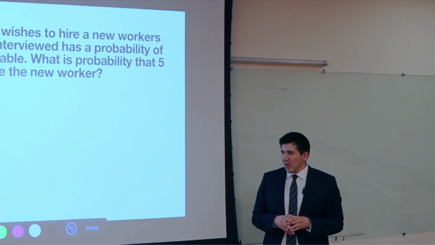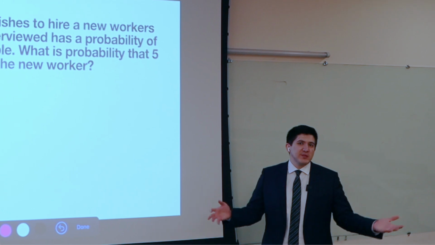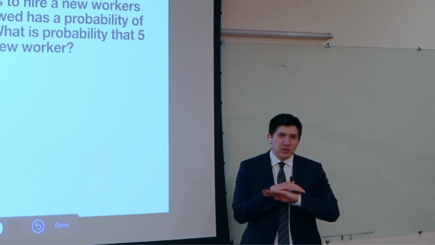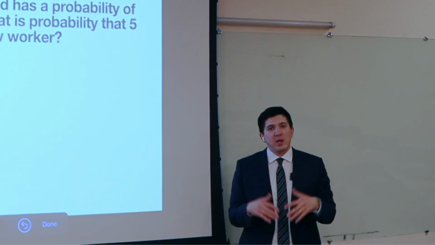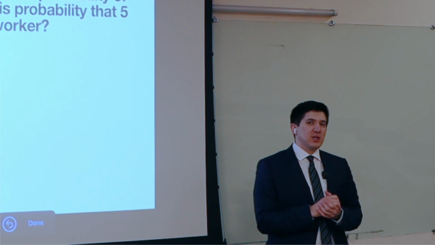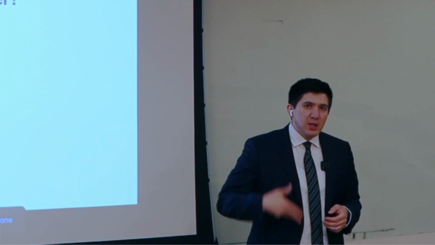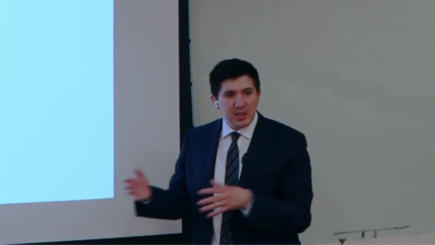And let's assume that the head of the company doesn't have a lot of time. Then if the interview was successful, then we're going to stop all of this process. We're going to hire this person and all of the others can go home. Okay? And we're going to make the interviews until we get a successful interview. And the number of people who should be interviewed has the geometric distribution, right?